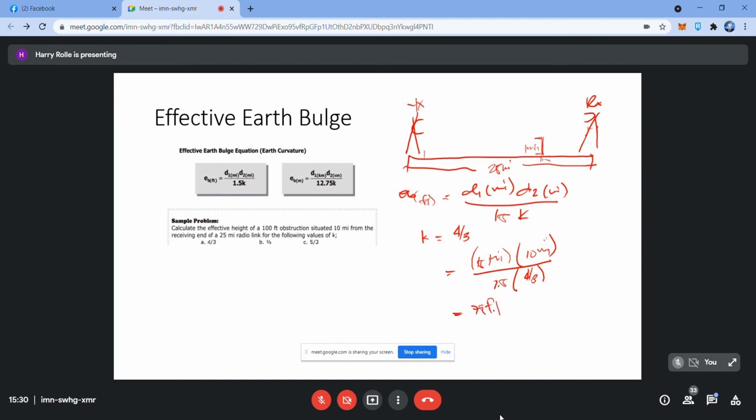So this is in feet, remember that. You just multiply 15 miles by your 10 miles, divide by 1.5, and multiply by the K factor, or K curve, which is 4 over 3.